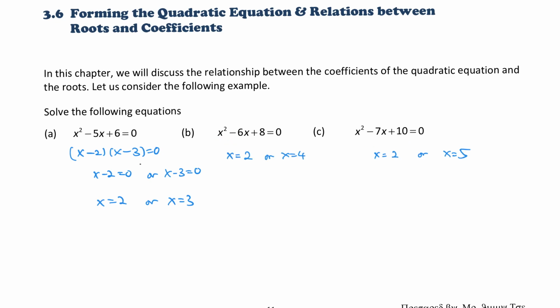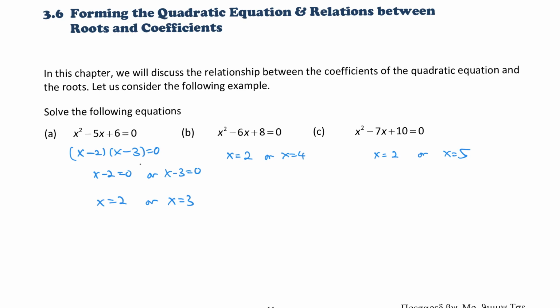You may solve these two questions by using your calculator. The product of these two numbers is 8. The sum of these two roots is 6, which is equal to the negative coefficient of x. You can see this relationship in this example.